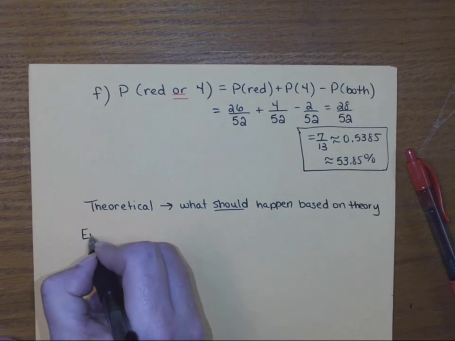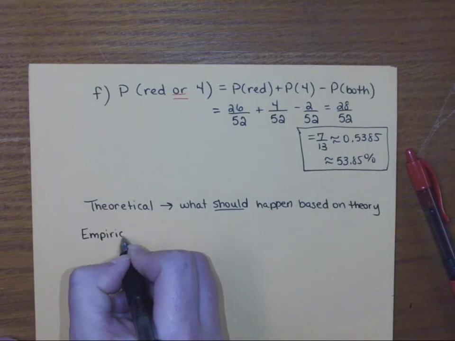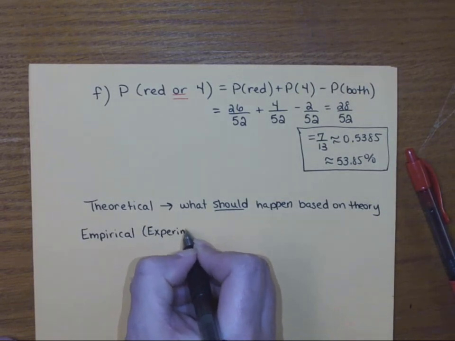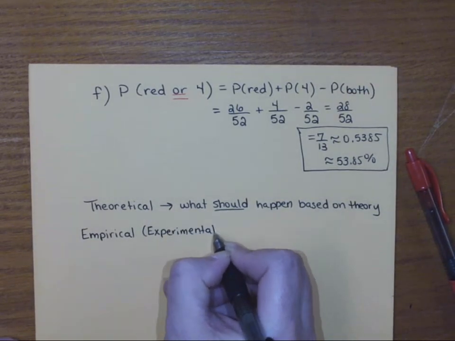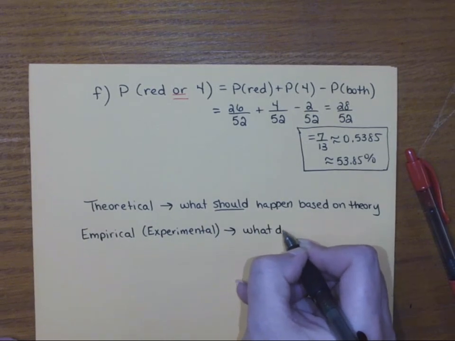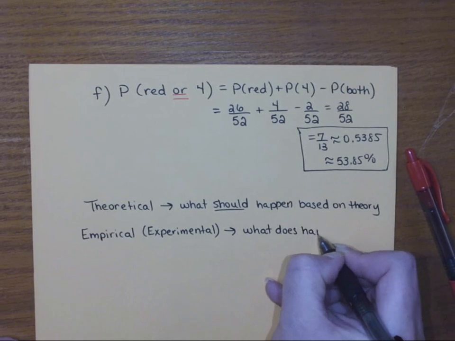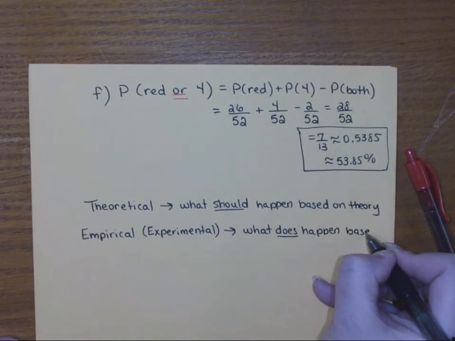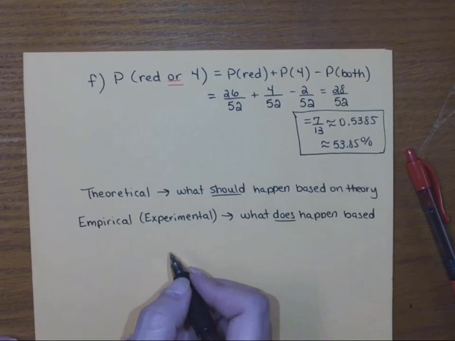But empirical, these two terms are interchangeable. Empirical and experimental are the same. And experimental is what does happen based on results. That's why it's often called experimental probability.